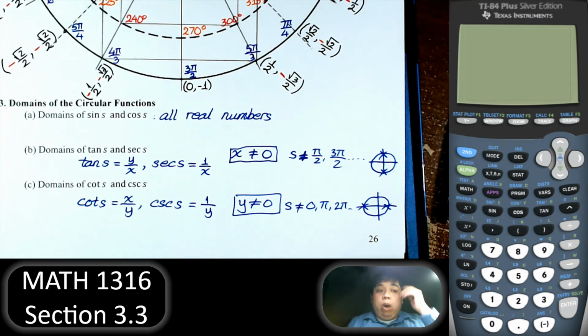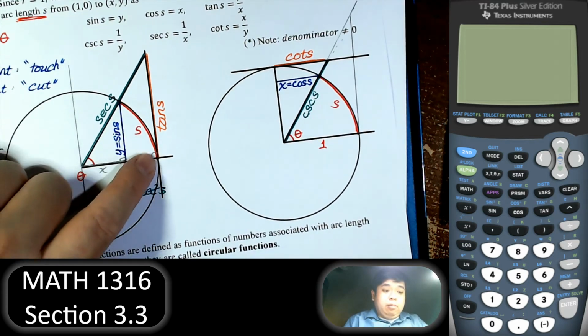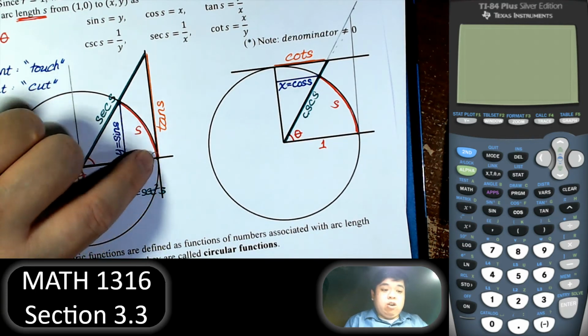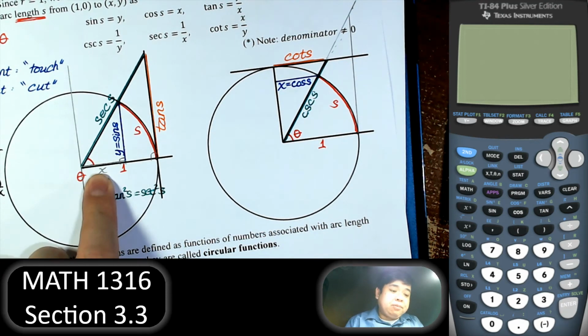So when we define based on x, y, and r, then we can write the domain of the problem more easily like that. But like I said, we'll focus more on that in chapter 4. In this section, the most important thing is that we define the trigonometric function on the unit circle, for the arc length corresponding to the unit circle where the radius is 1.